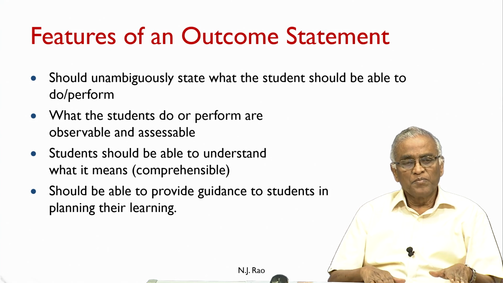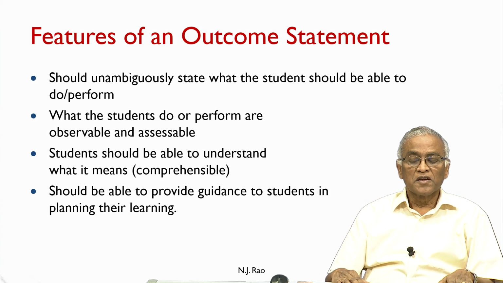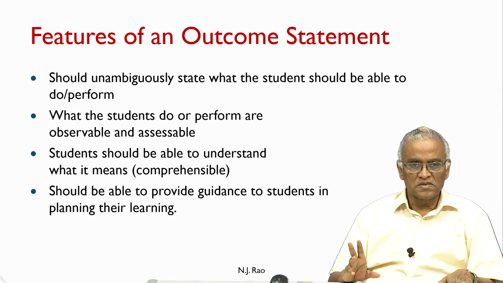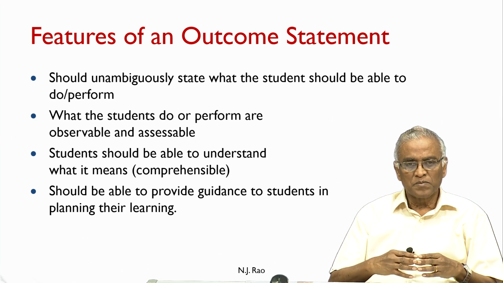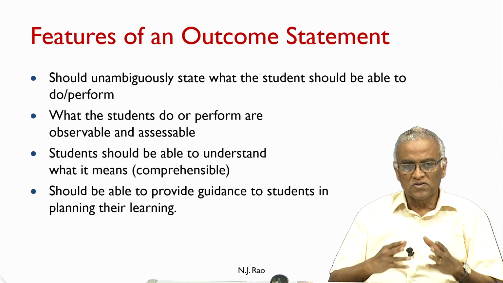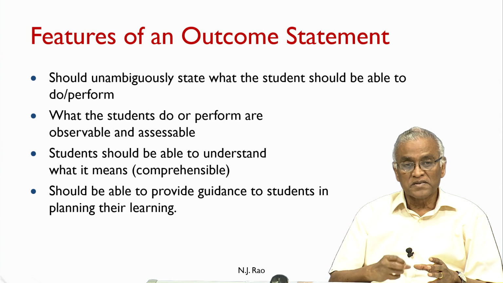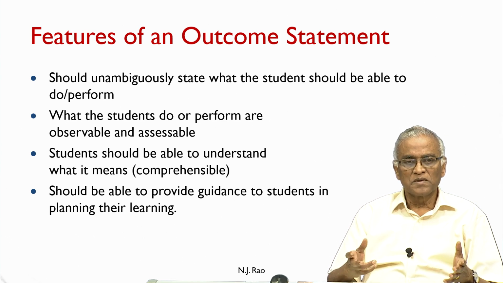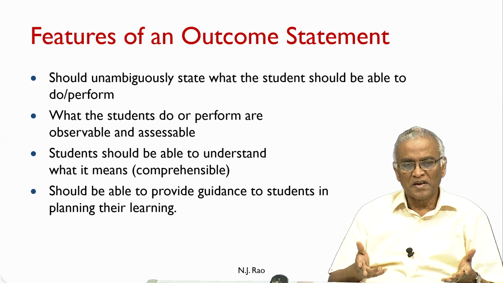And another important one is when you write some outcome statement, it should be observable and assessable. Because outcome statement is related to what students should be able to do or perform, whatever that performance is should be observable, and also it should be measurable. If it is not measurable, it is not an outcome.